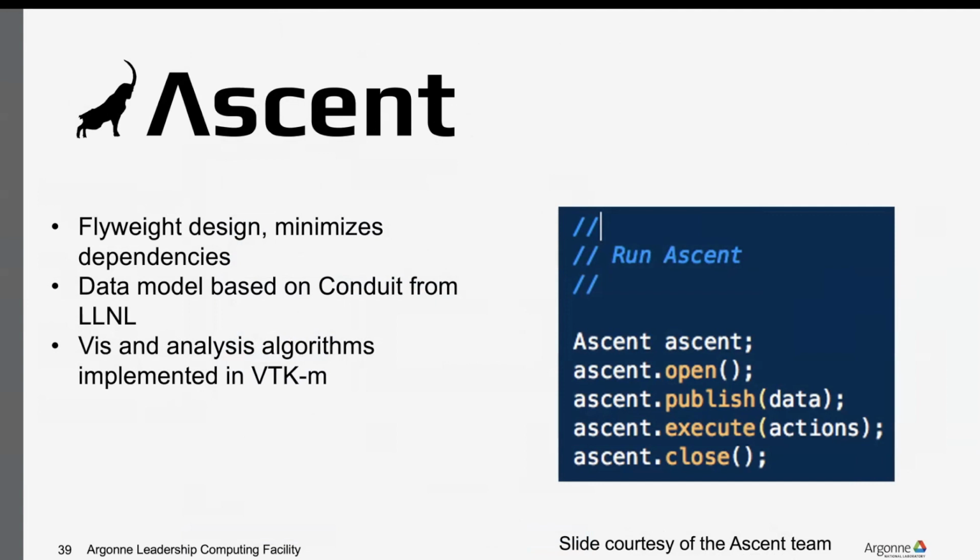So it tries to be as light as possible, and the calls that you add to instrument your code are very simple. Essentially, opening the environment, passing in your MPI global communicator, and every time step when there's new data, you publish the data and execute the analysis that you have selected. So that's essentially the idea.